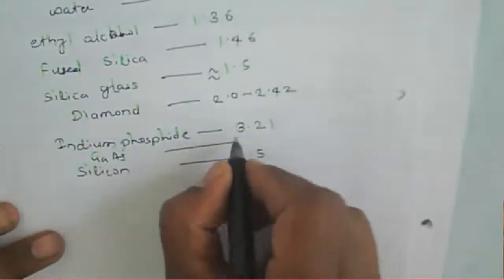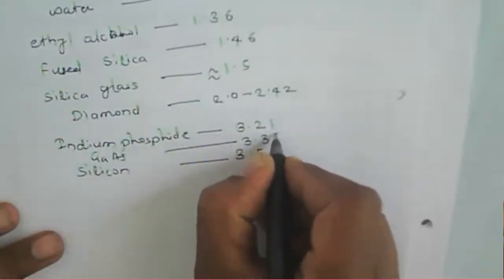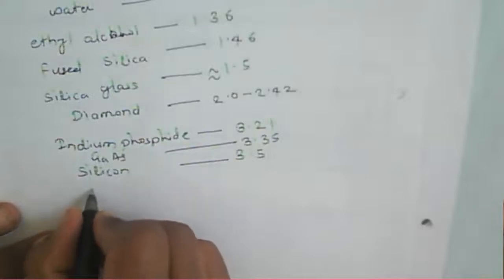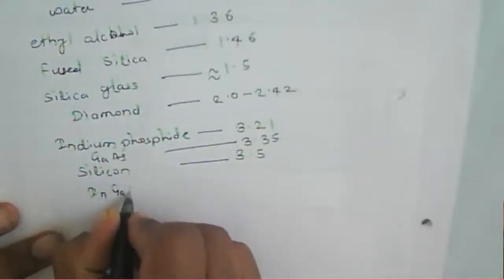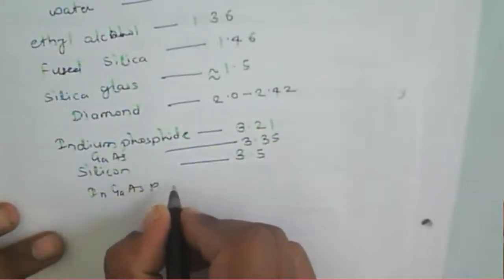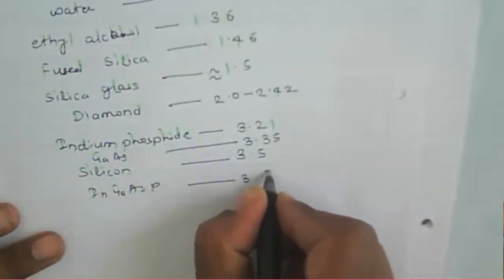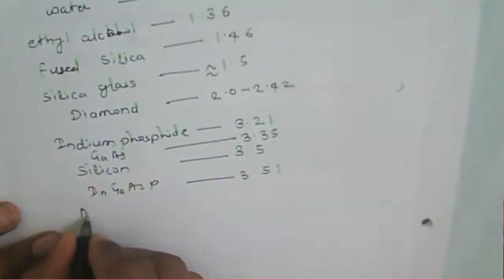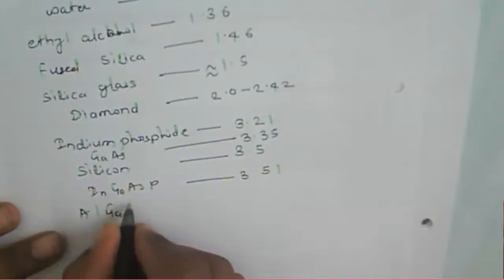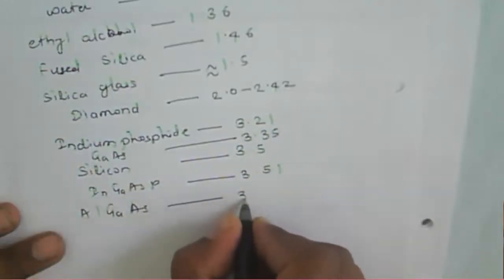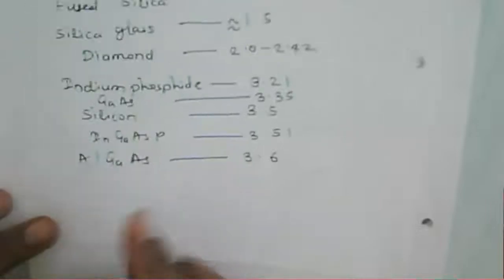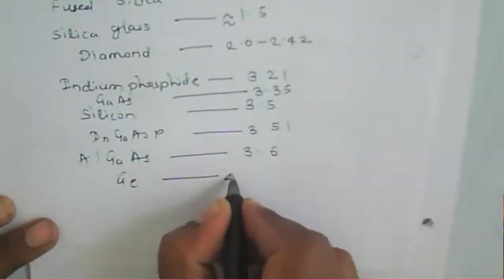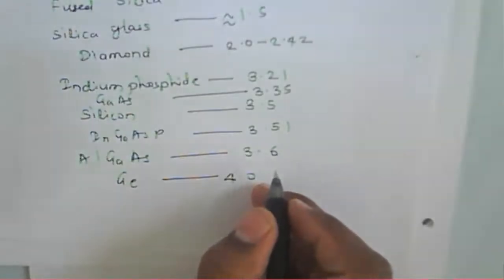Gallium arsenide is about 3.35. Then silicon 3.5. Then indium gallium arsenide phosphide has 3.51. If you consider aluminum gallium arsenide, it has 3.6. And if you consider only germanium, it has 4.0.